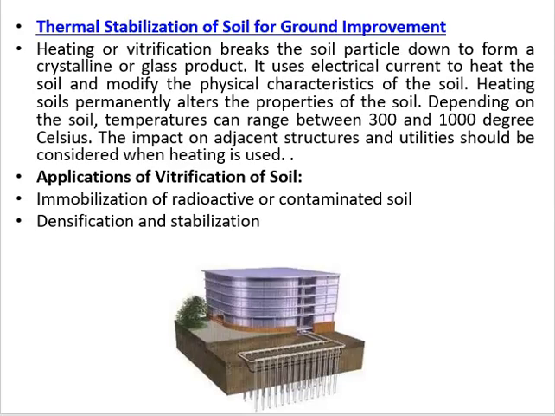Heating will remove the pore water by evaporation and densifies the soil. The temperatures can range from 300 to 1000 degrees Celsius depending on the type of soil. Proper care should be taken to avoid the negative impacts on adjacent structures. If high temperatures are used, this method even immobilizes the pollutants in the contaminated soil.